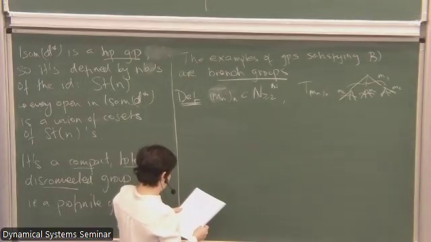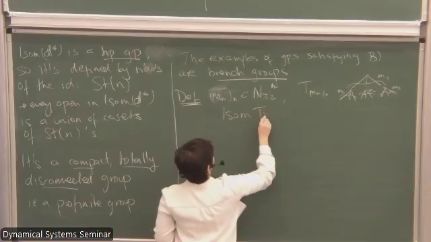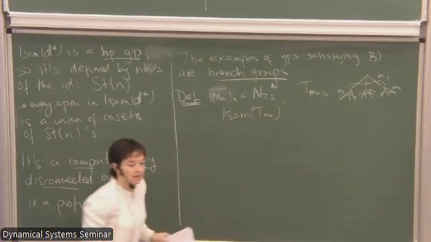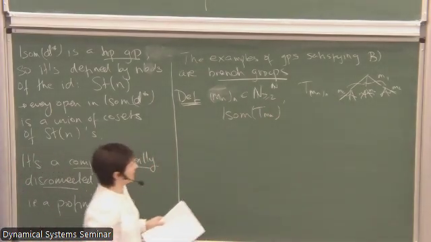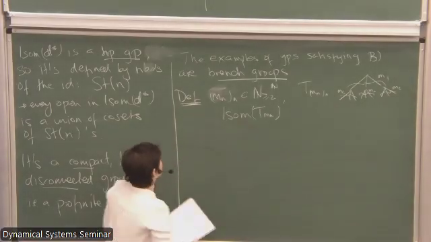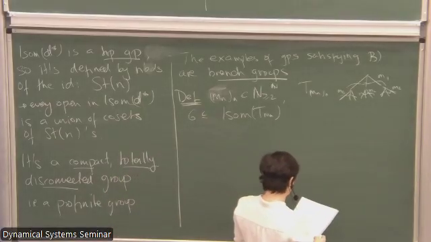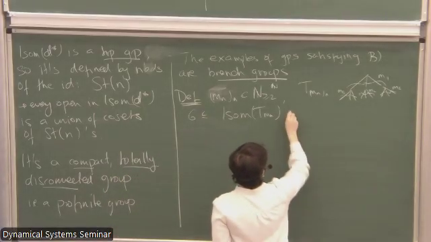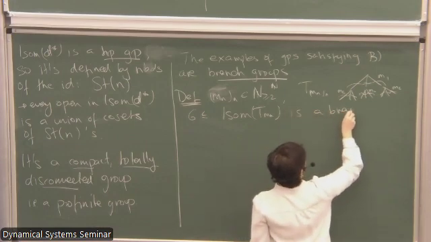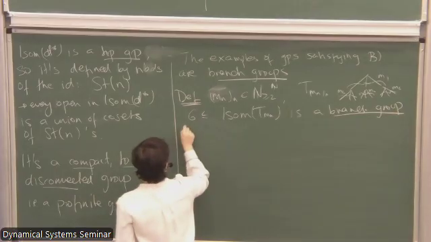And of course we can consider, I'm still going to call it isometries because automorphisms will appear later. So we can of course consider the group of isometries of this tree. So a subgroup of this group of isometries is a branch group if it satisfies 2 conditions.